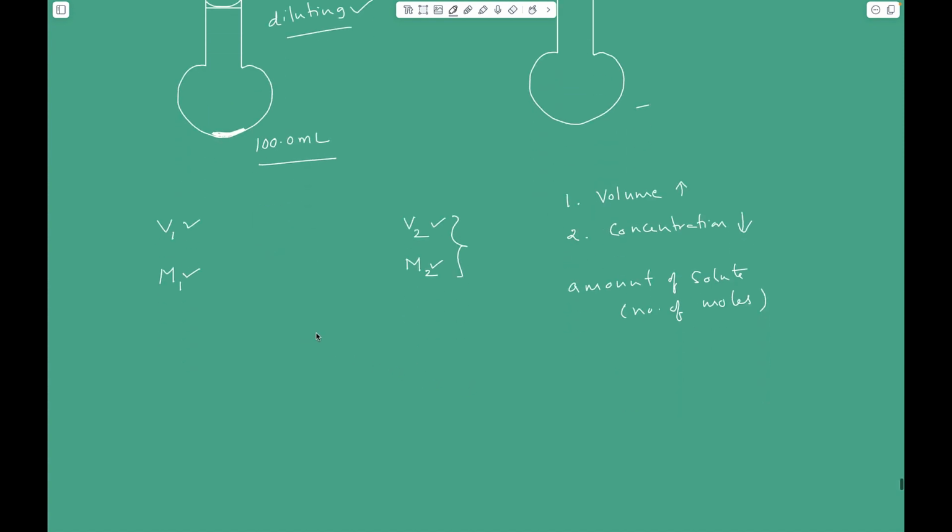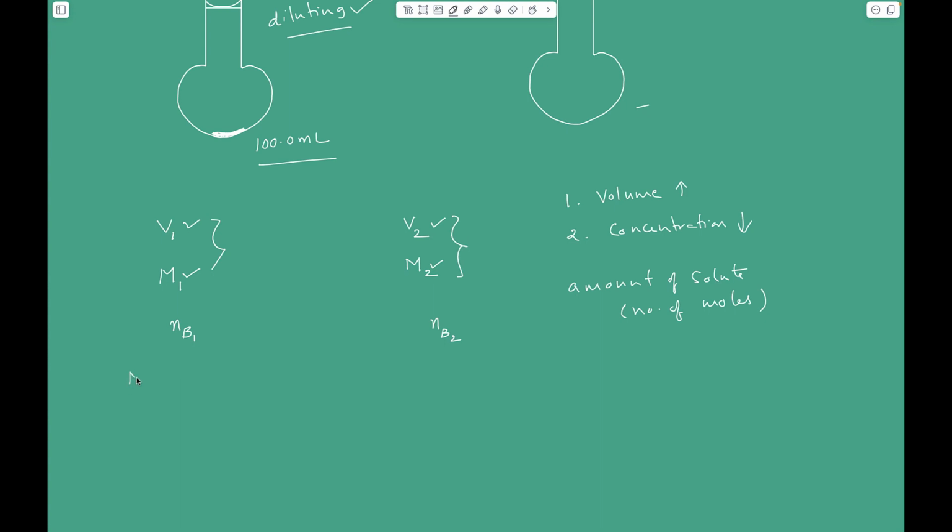Now, how do you figure out the amount of solute or the number of moles of solute present in the stock solution that we took? Let us say the amount of solute present in the volume of the stock solution that we took is nB1, and the amount of solute present in the dilute solution that we prepared is nB2.